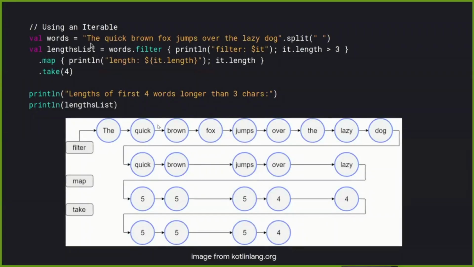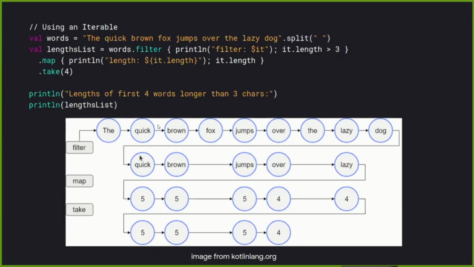Let's say we have this list of words, and we want to execute some operations on it. We could use a filter to filter out all the words that have length greater than 3. We can map those words to their length, and then we only take 4 of those words.